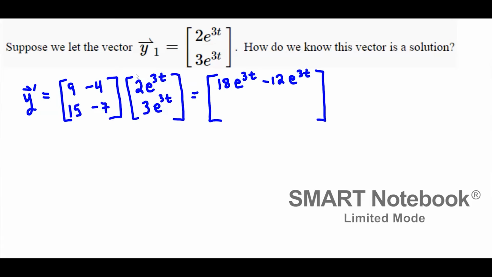And the second one, 15 times 2, that's going to be 30. And then negative 7 times 3 is negative 21 e to the 3t. And if I simplify this, I get 18 minus 12 is 6. 30 minus 21 is 9.